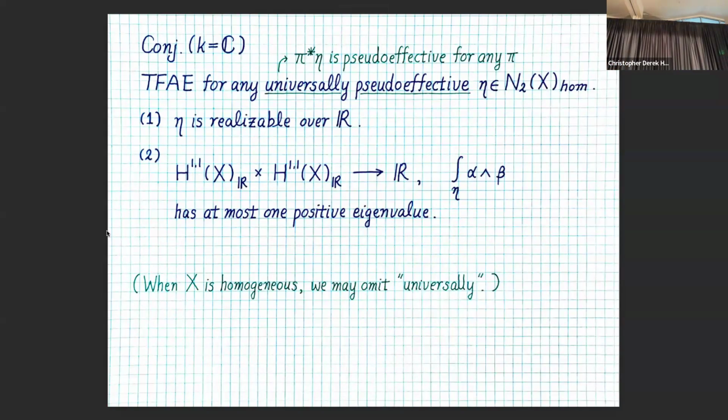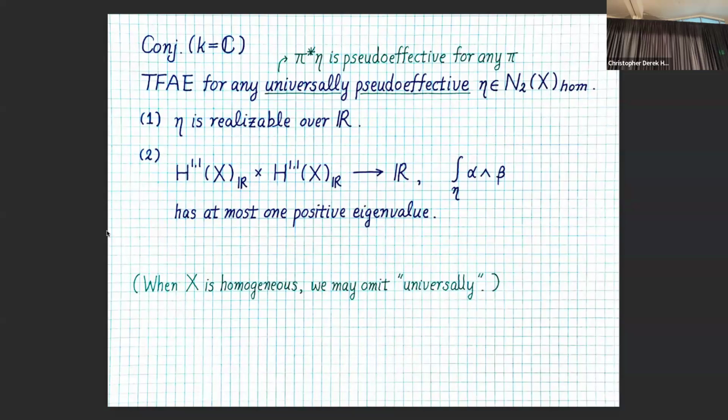The conjecture is that the two conditions are equivalent for a universally pseudo-effective two-dimensional class, where universally pseudo-effective means that arbitrary pullback is pseudo-effective. So this is the replacement for the nefness of cycles of higher codimension, where it was realized that the nefness for higher codimension cycles is not as nice as in the case of a codimension 1 cycle.